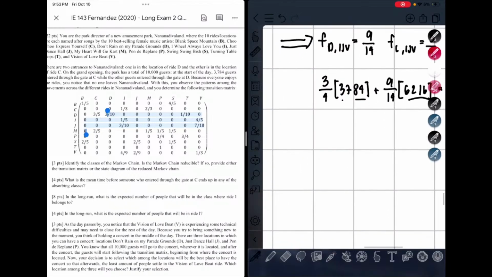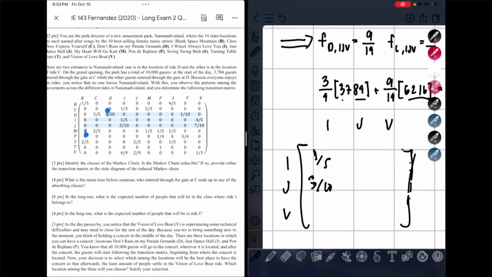We can now essentially treat I, J, and V as their own classes. Right? So then this is 1/5, 3/10, 4/9, 0, 0, 2/9, 4/5, 7/10, and 1/3.